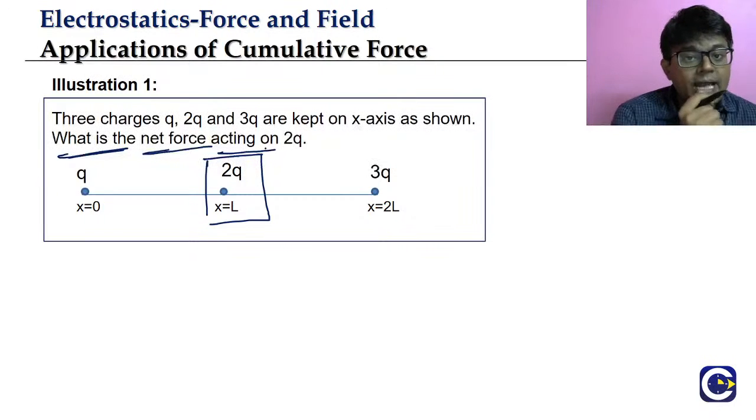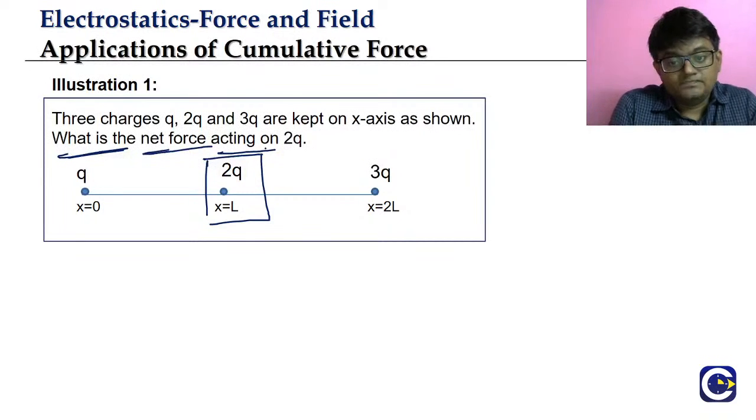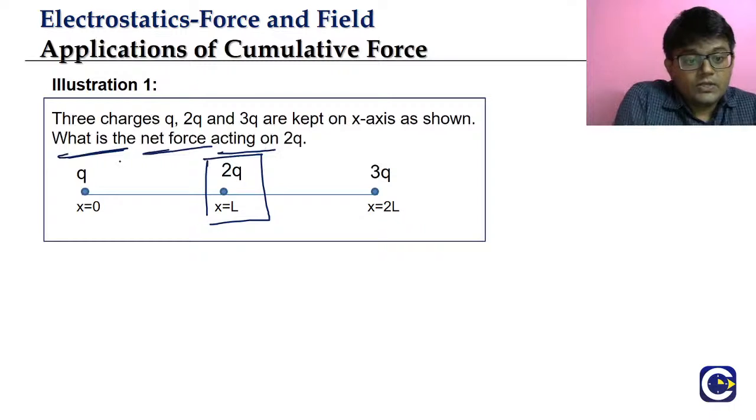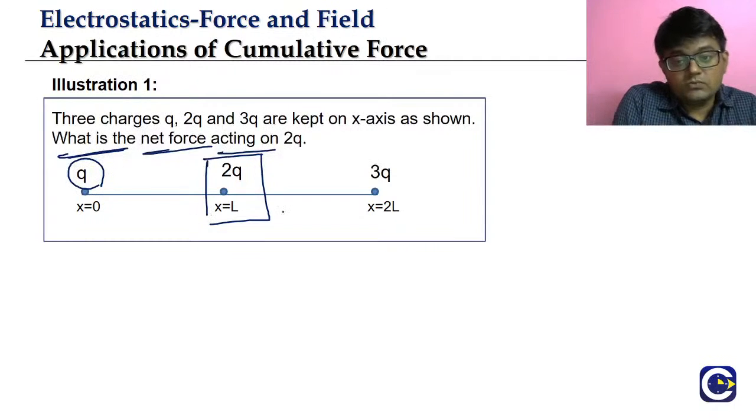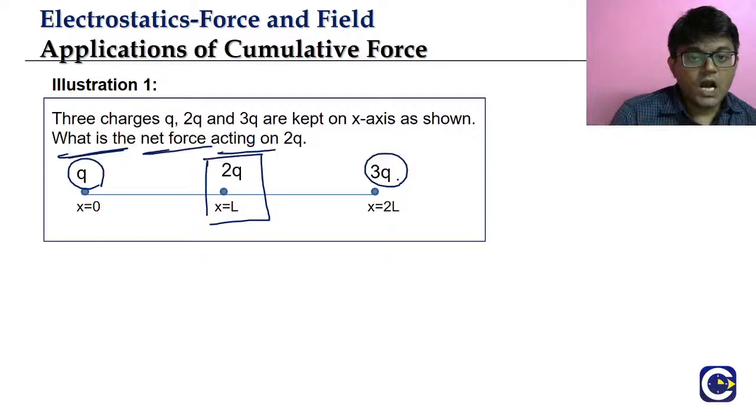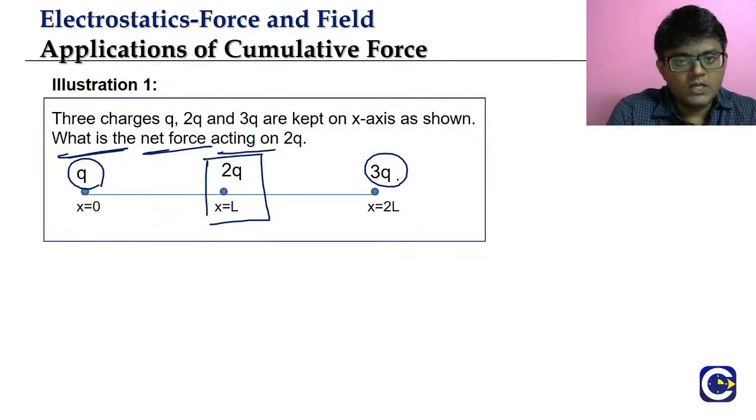How many forces will be acting on 2Q? See, 2Q is surrounded by two more charges: one is this Q, the second is 3Q. So 2Q is surrounded by two charges. Then how many forces act on 2Q? Two forces will be acting on the 2Q.